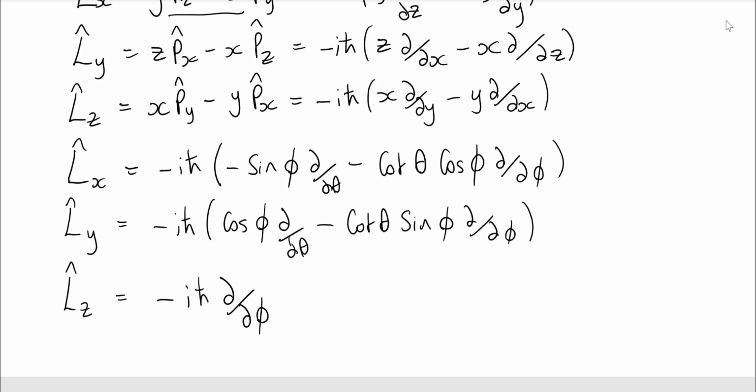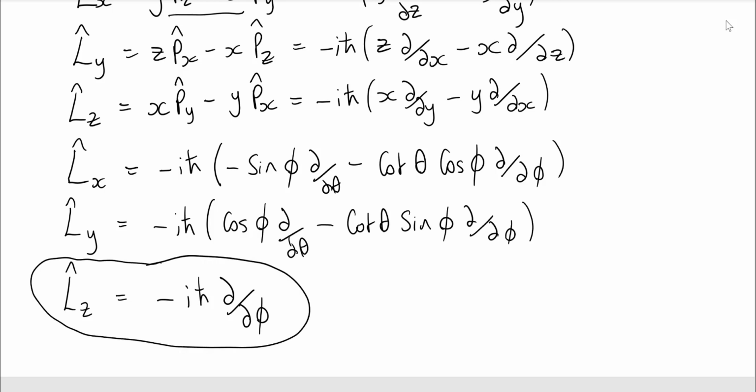So which one is the easier one? It's somewhat arbitrary whether we pick an angular momentum in x, y, or z. Supposing we only had to pick one of those things, which one would you rather work with? I think most people would say this one here looks to be the easiest. And so that's what we're going to work with.